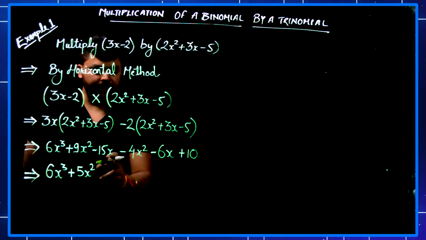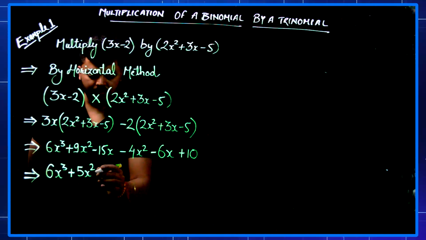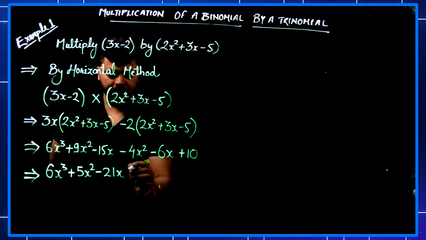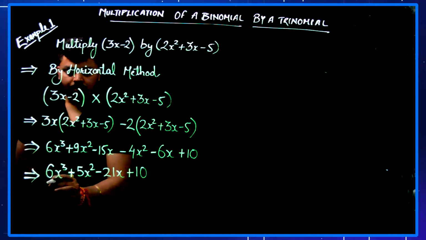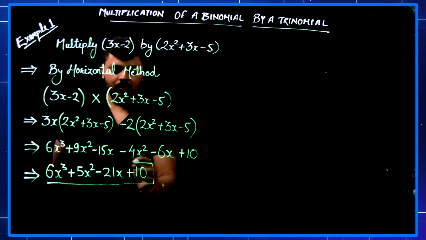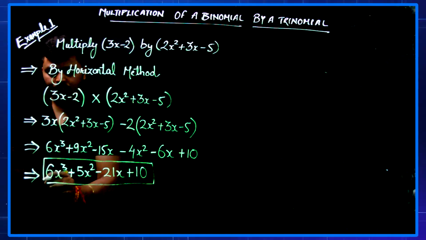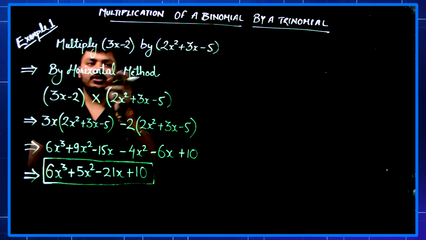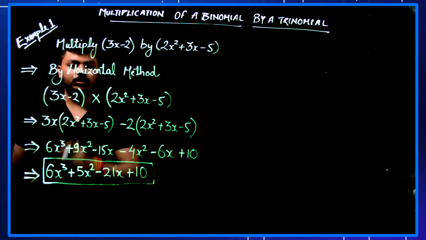So minus 15x minus 6x gives minus 21x, and the remaining constant is plus 10. So this is how we get our resultant of multiplying a binomial by a trinomial by horizontal method.